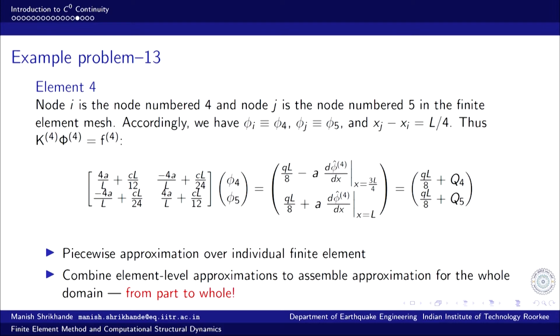So, we combine element level approximations by the process of assembly, and by assembling these approximations we construct the approximation for the whole domain. It is a familiar idea for civil engineers, at least: from part to whole, from approximation for small parts and then we patch it up to make the whole. How do we do this?